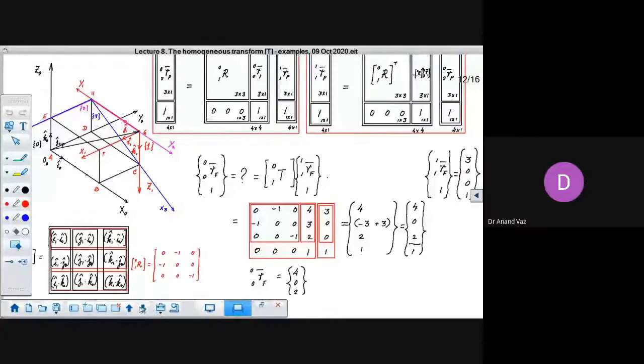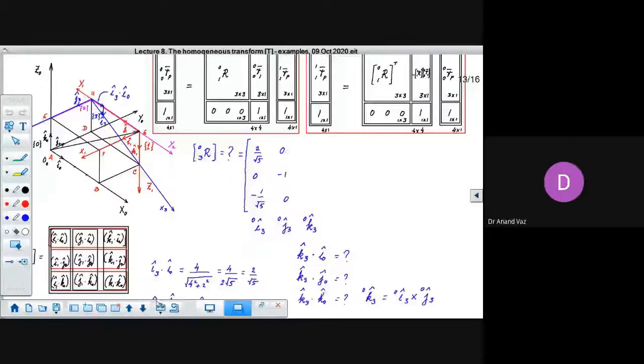In the next part, we discussed a little more involved case, where we had frame 3 slightly tilted with respect to frame 0, and we began constructing it.